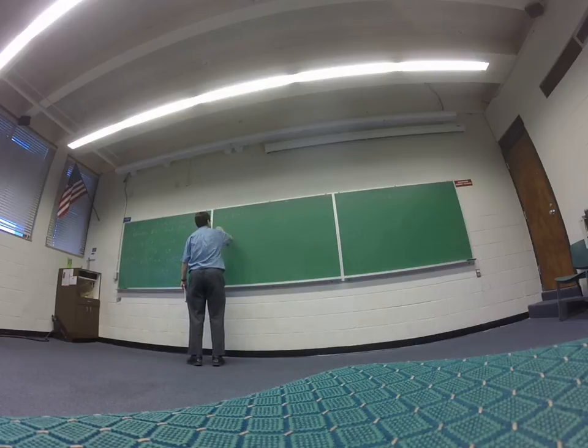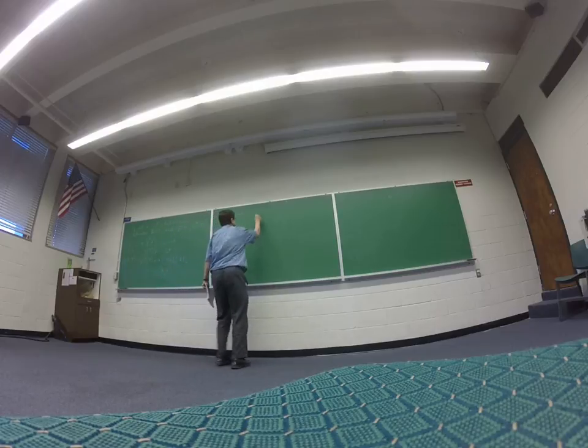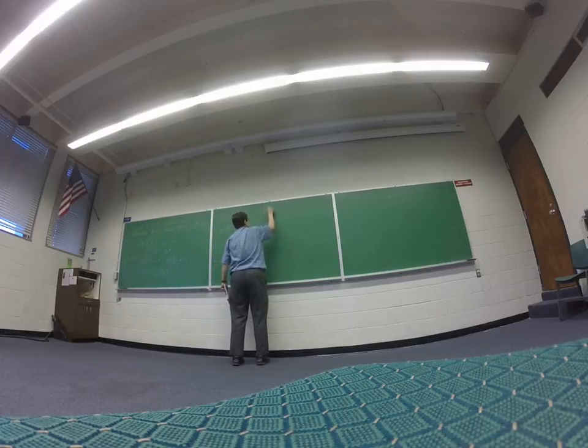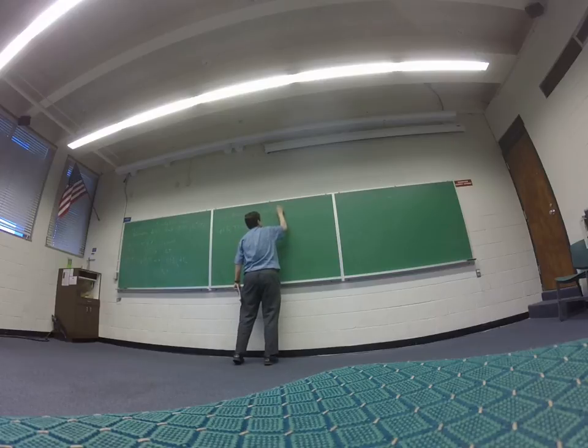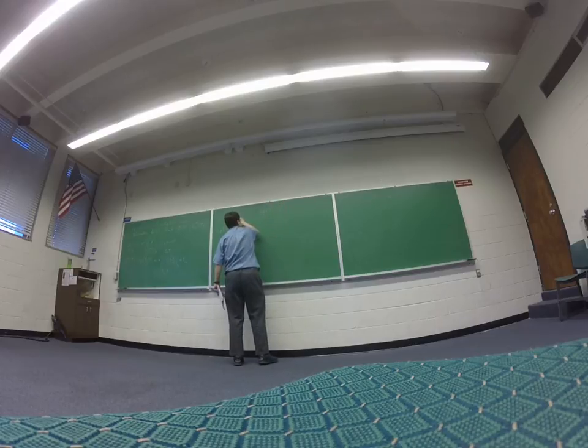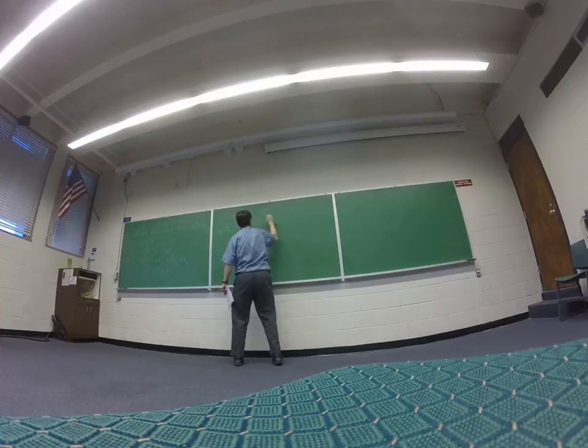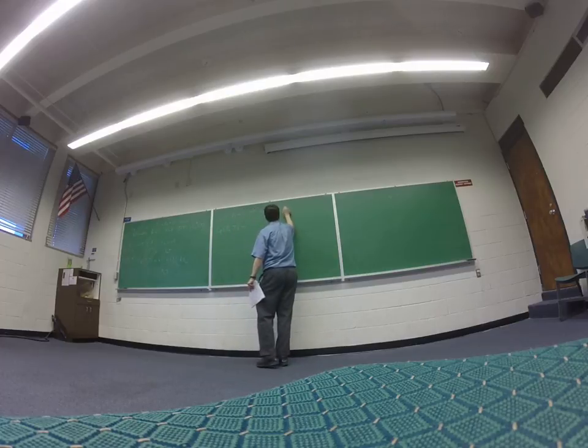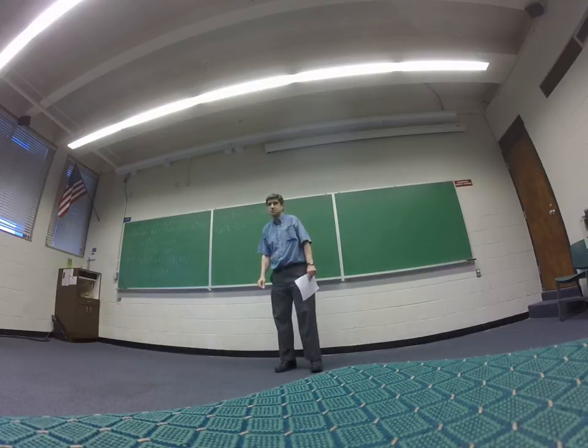Then I get Cp at P2 comma T. What happens to Cp of P1 comma T if P1 goes to 0? Zero? Depends.